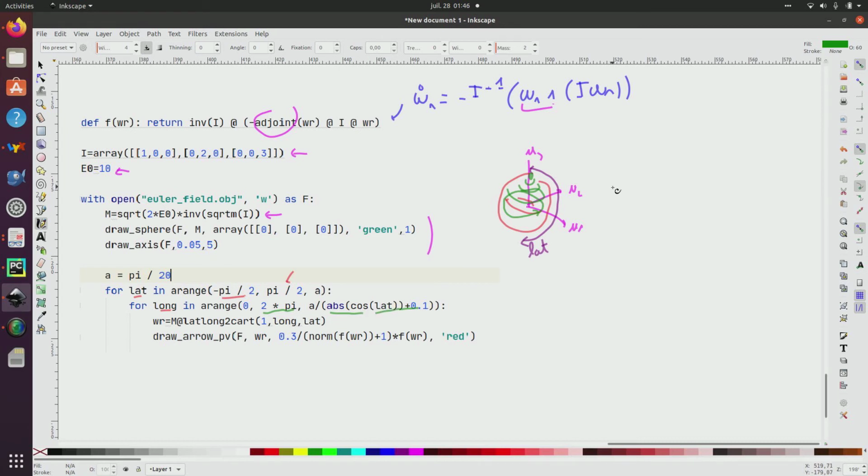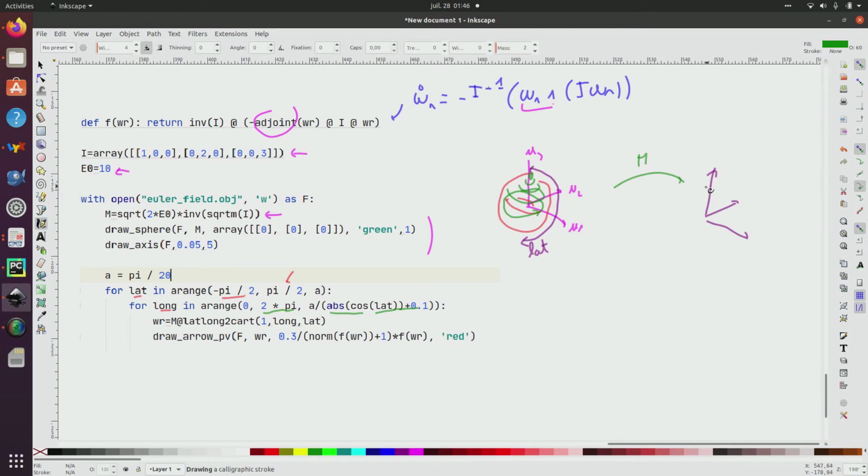Then I recall that I have my matrix M, which allows me to go inside the omega 1, omega 2, omega 3 space, and I will go here in the ellipsoid I want.